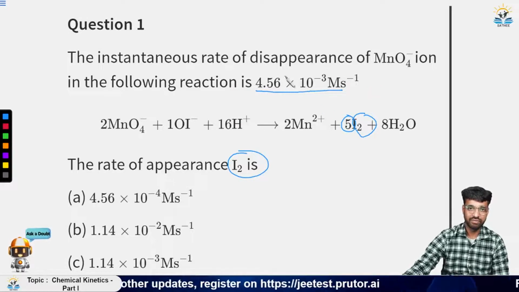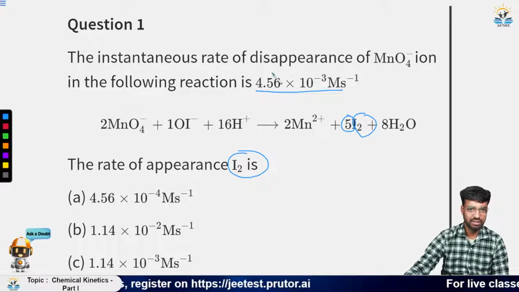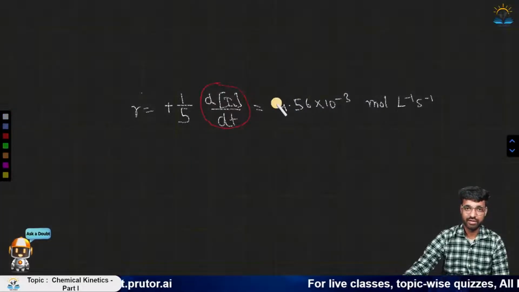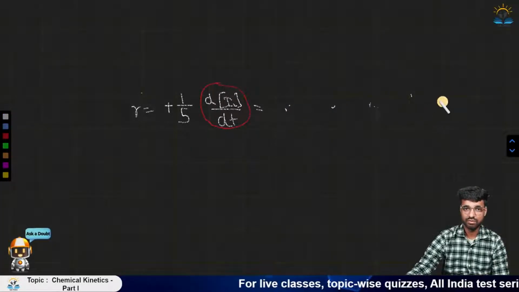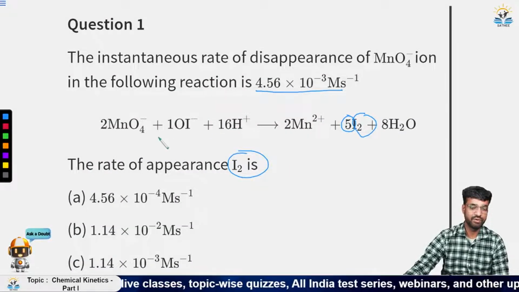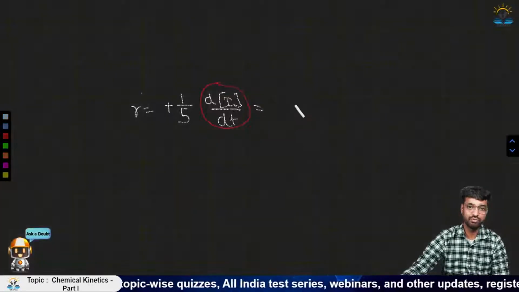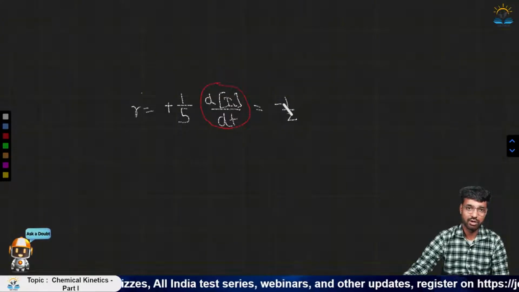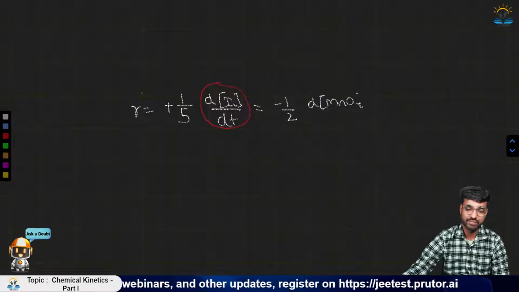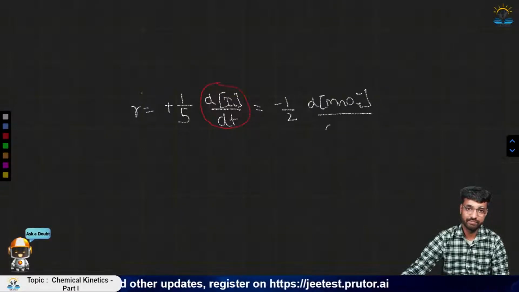This value is given for the disappearance of MnO4 minus. Let me do it right. If we relate it with MnO4 minus, it has a coefficient of 2, which will be given as 1 by 2 along with a negative sign, dMnO4 minus by dt.